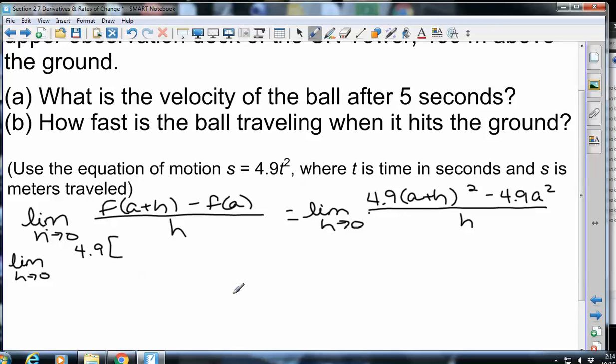Would it confuse you horribly if I factored out a 4.9 since everything has it? And then I could just FOIL this and not have to worry about the 4.9. So if you do a plus h times a plus h, you get a squared plus 2ah plus h squared. If I also pull the 4.9 out of that one, it would just be minus a squared. Is it 2ah? Yep.